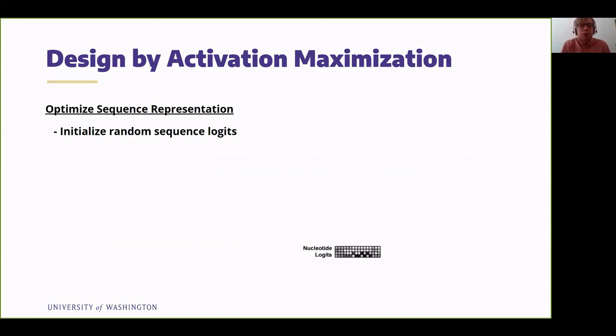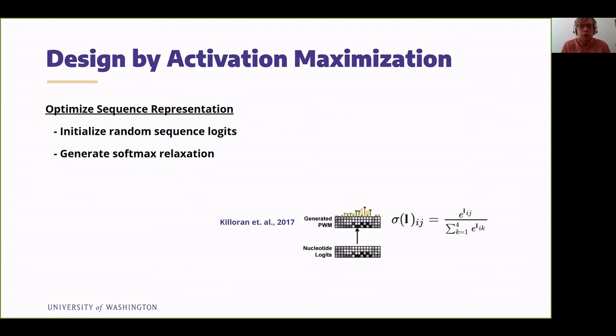So here we're going to initialize a matrix with random nucleotide logits. This is a matrix of the same shape as a one-hot coded matrix, but it has real values in its different entries, and these entries correspond to the log probability of a nucleotide at a particular position. We then need to transform these nucleotide logits into some continuous sequence representation.